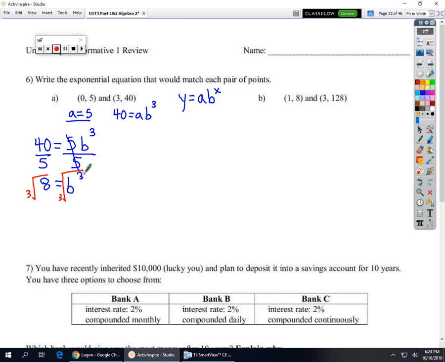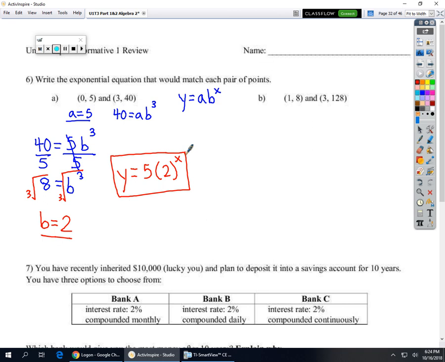The cube root of 8 is 2. So, b equals 2. Cool. I have my a, I have my b. Let's put this into the equation. So my equation is finally y equals 5 times 2 to the power of x. So this is my first equation.